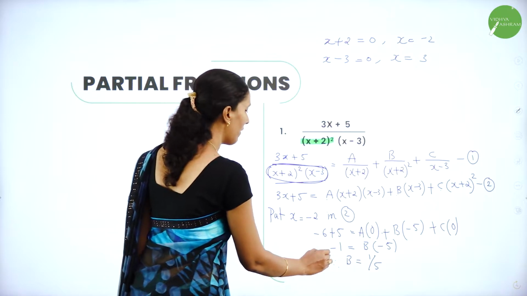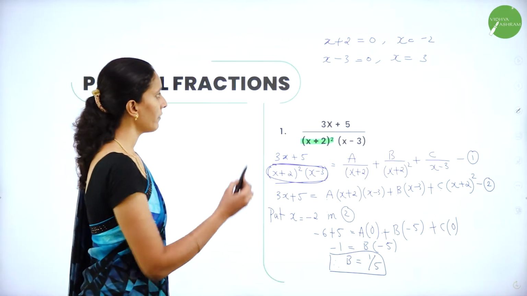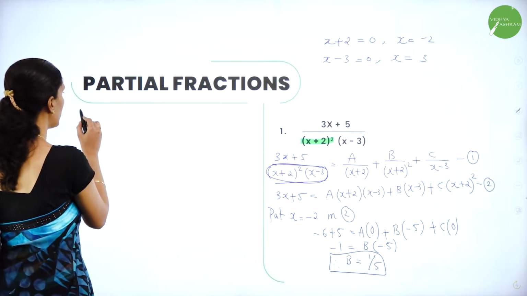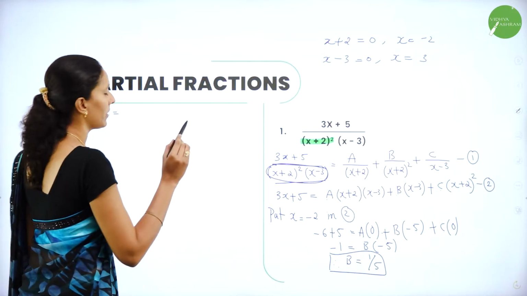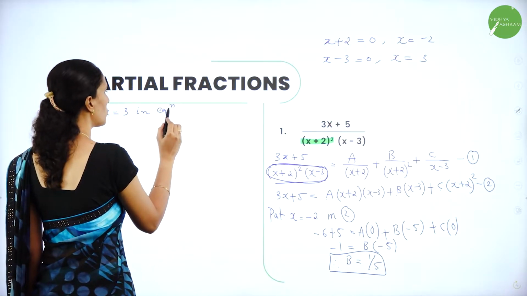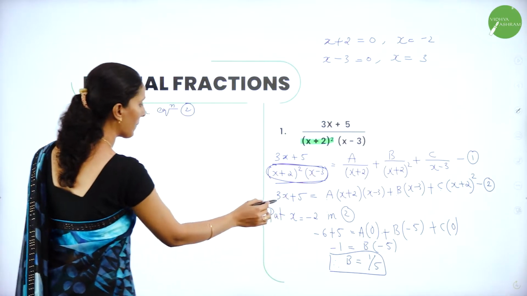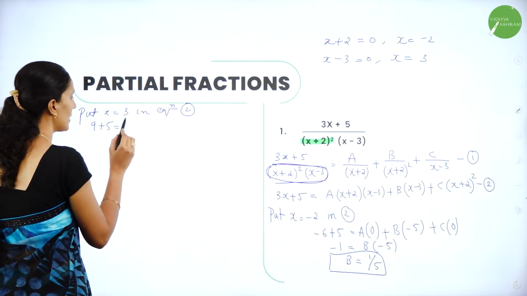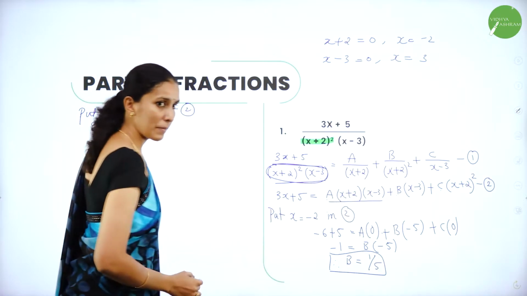Next, we got the value for b. Now, in the same way, we have to find the value of a and c. Next, I'll put x is equal to 3 in equation 2. When you put x is equal to 3 in equation 2, what happens here? 3 into 3, 9 plus 5 is equal to... Here, if you put 3 in this equation, 3 minus 3 becomes 0.